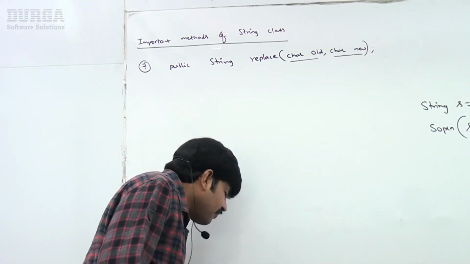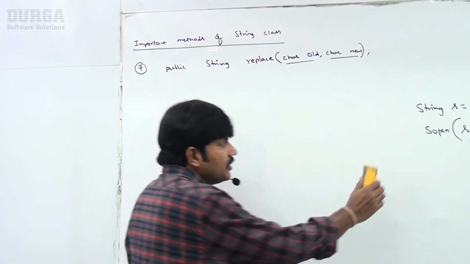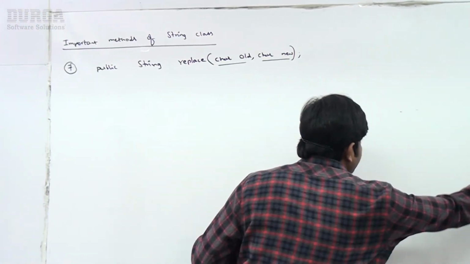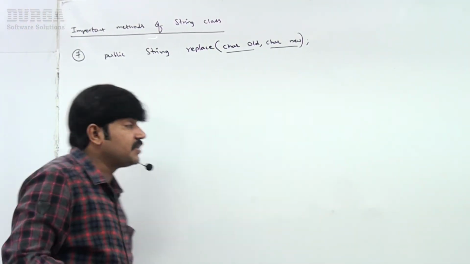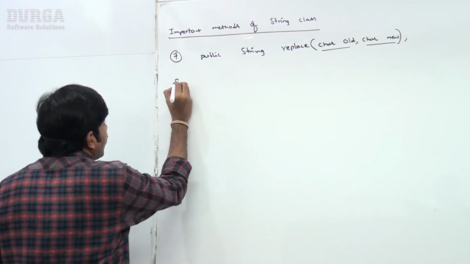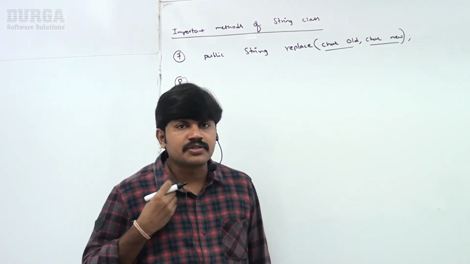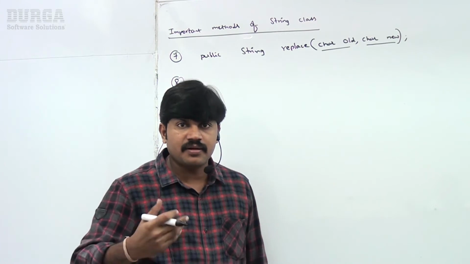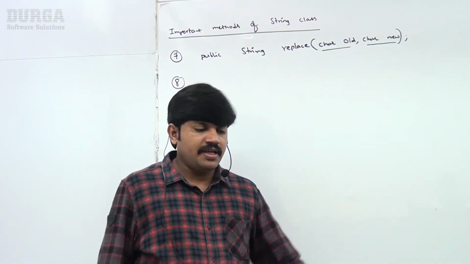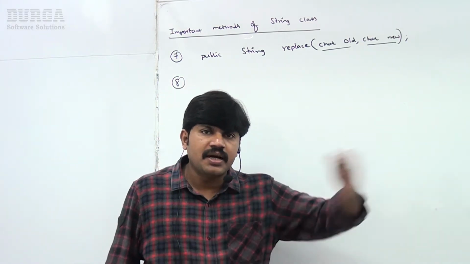What is the next method? Do you know, sir? Substring. Now I want to find a substring from the third index to the fifth index, or otherwise from the third index onwards until the end of the string.